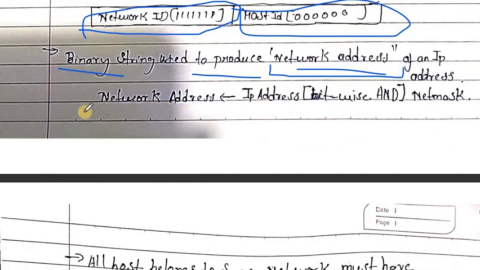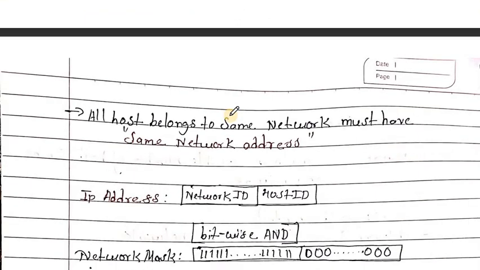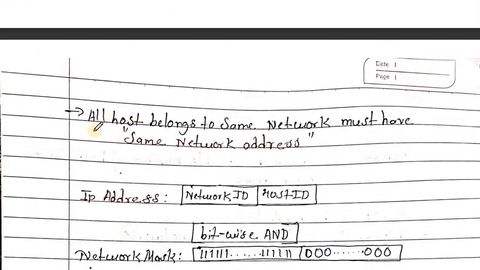Okay, so the network address is the IP address bitwise AND the network mask. If there is an IP address and we do a bitwise AND with the network mask, we get the network address. All hosts belonging to the same network must have the same network address.